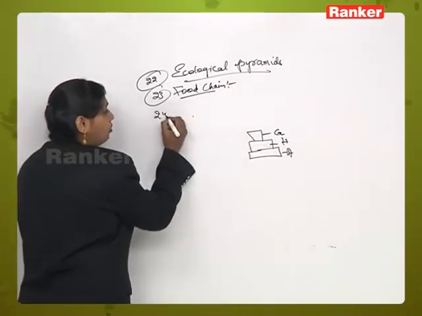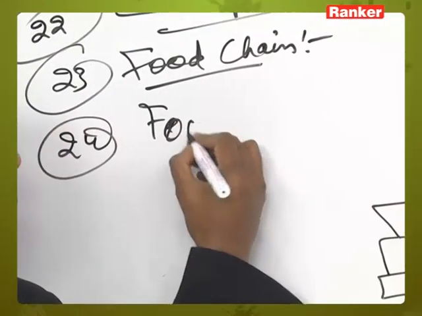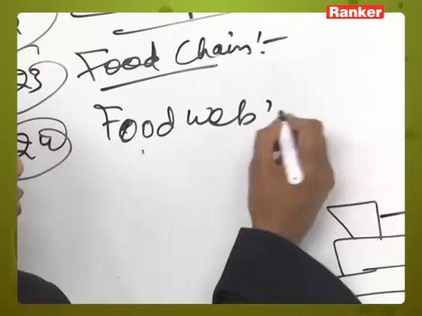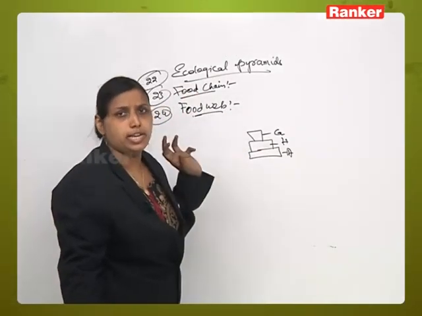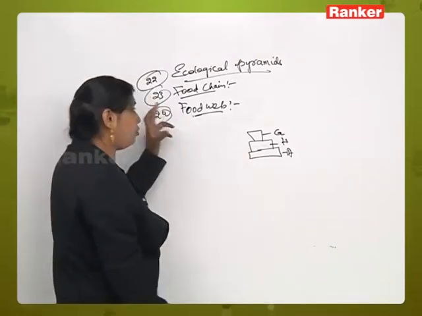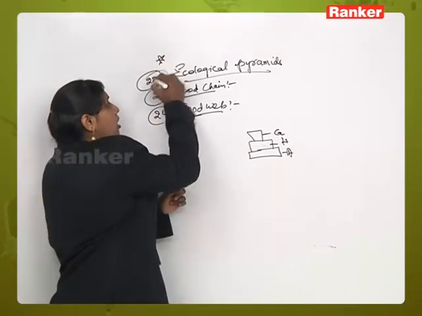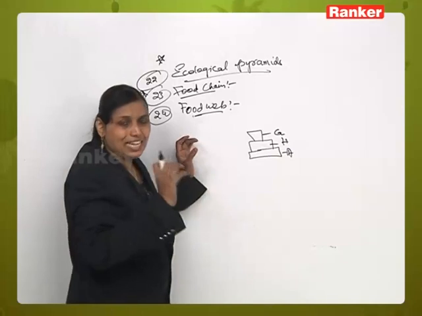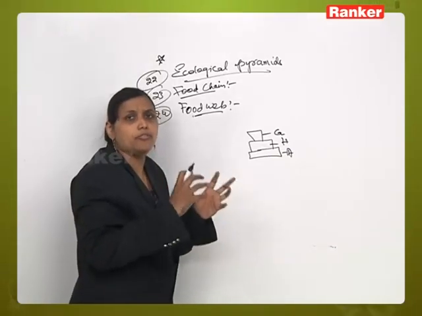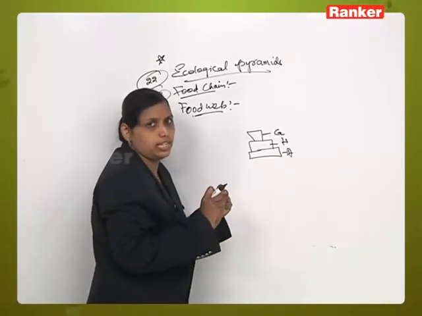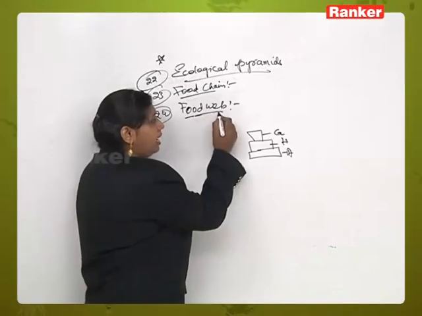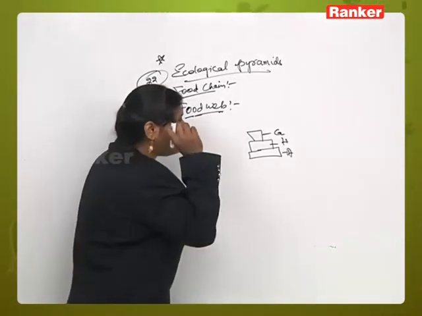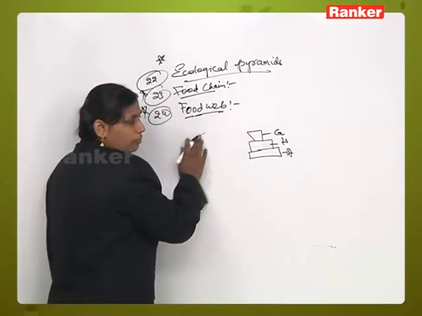Now the next one is food web. What is food web? The interlocking pattern of all the food chains together is called a food web. These are important. Food and a web. Web is what? A group in a net-like fashion is called a web.